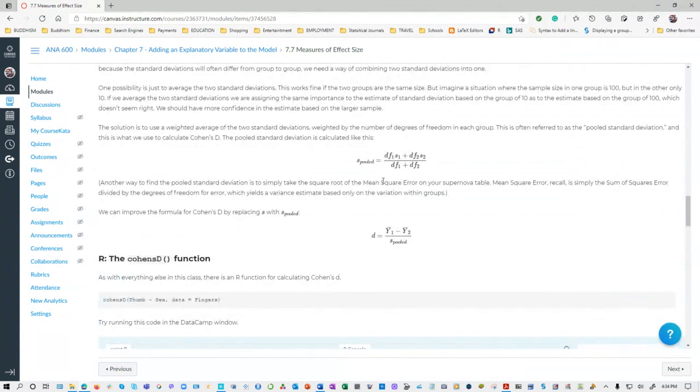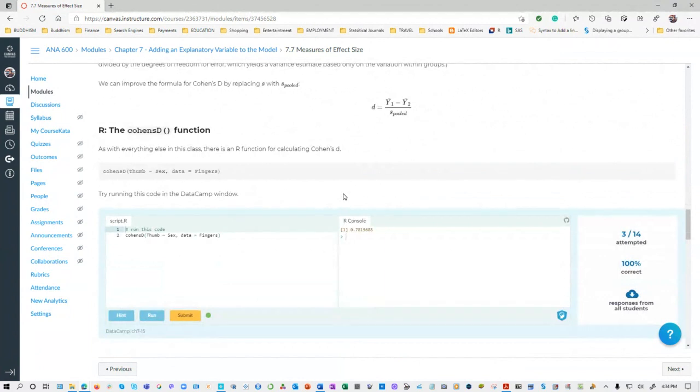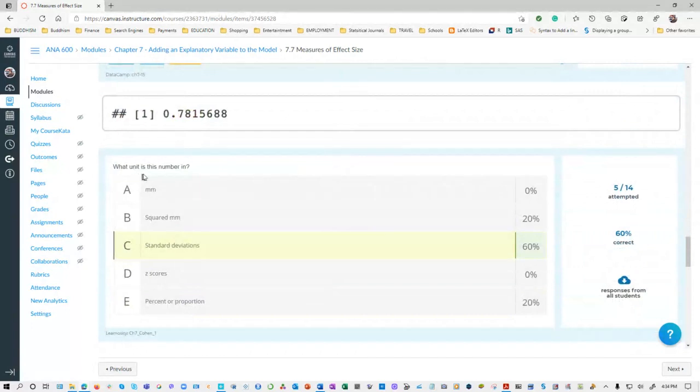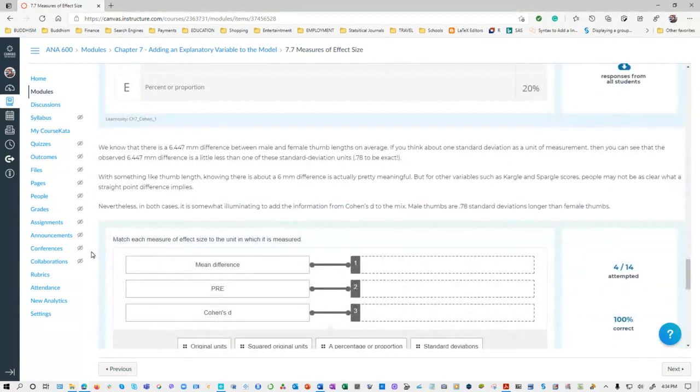That means the difference between these two is expressed in terms of the standard deviation. What is the unit of this number? This number has been expressed in units of standard deviations. We know that there is a 6.447 millimeter difference between the male and female thumb lengths on average.